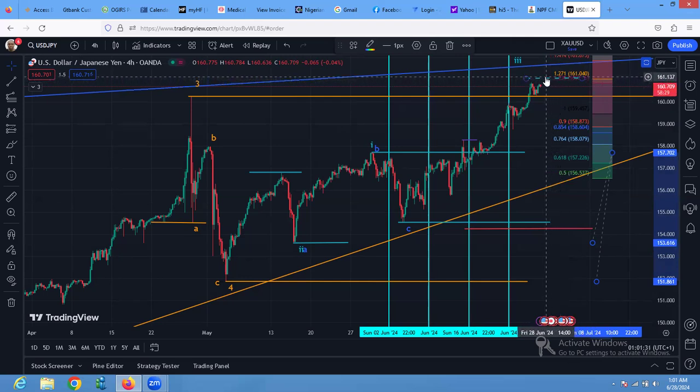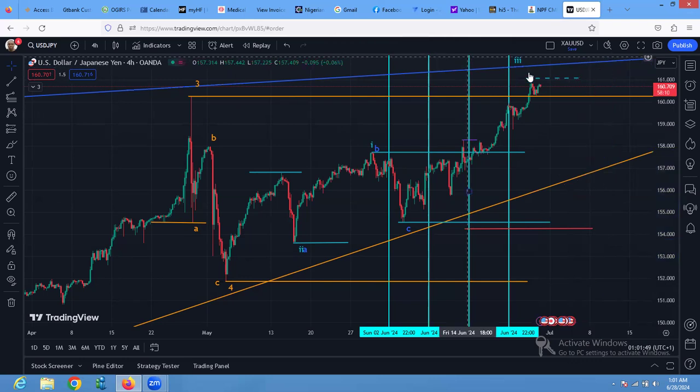So we may just probably see a reaction around this area, but at 100 we are good. So it's still an ending diagonal that is given also. So we'll wait and see what is going to happen here, or probably a leading diagonal. Anyhow, you look at it. So we may react here or still go up, but we need the reactions.